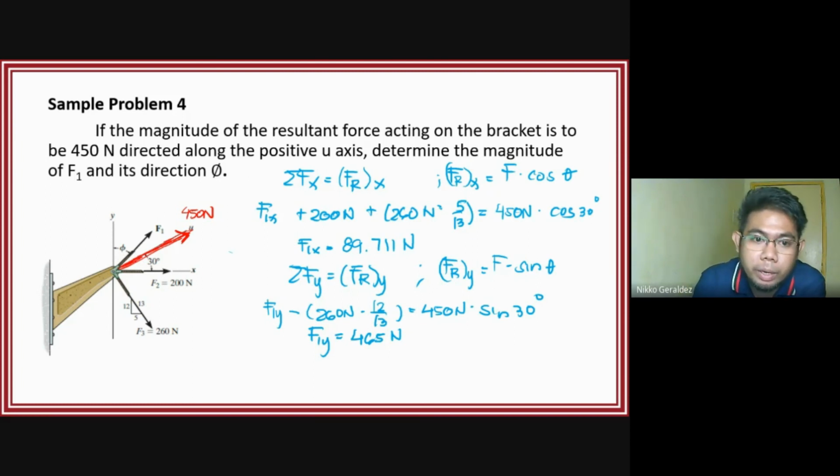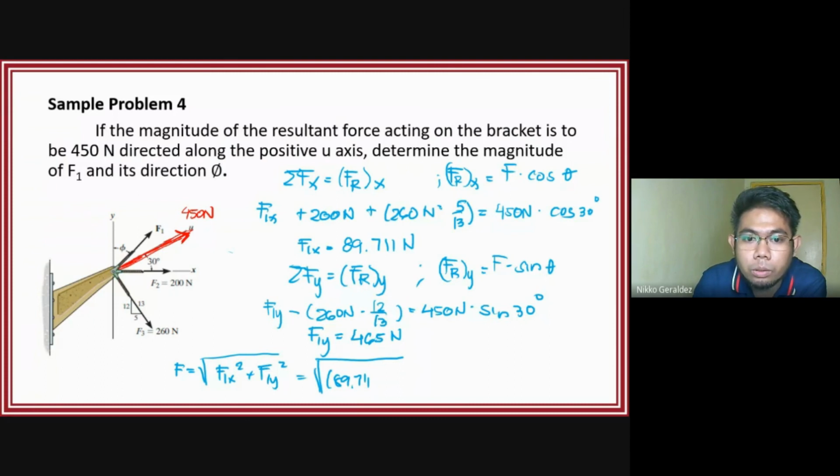So solving for F, square root of summation of F1x squared plus F1y squared. So square root of 89.711 Newton squared plus 465 Newton squared.